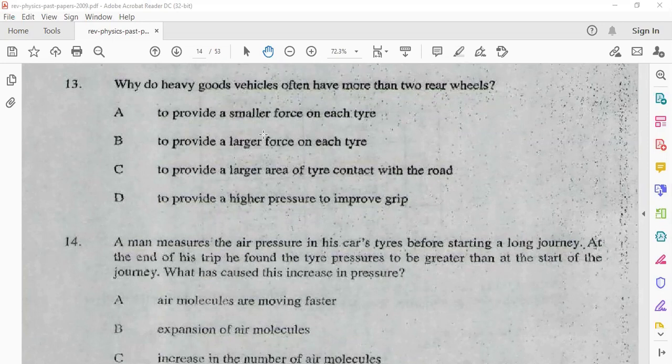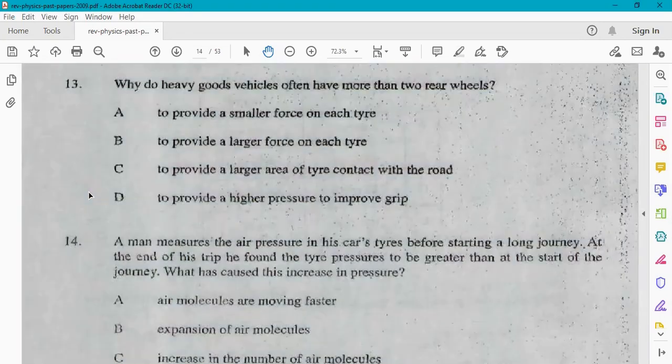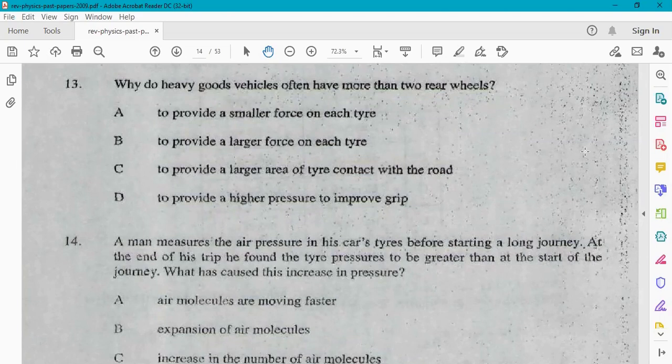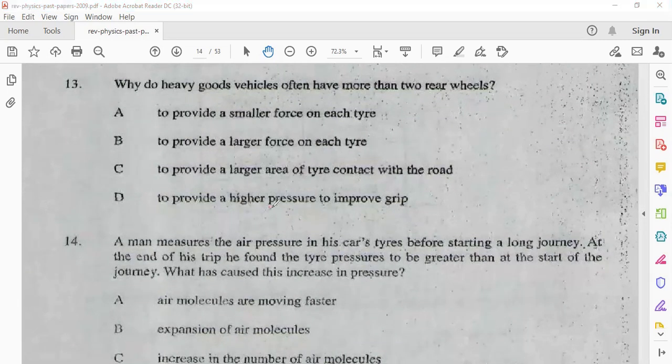Okay. All right, so let's go through a process of ruling some of these out. Right off the bat, we're going to rule out D because that makes no sense. Higher pressure. Pressure depends on what? Force and area.